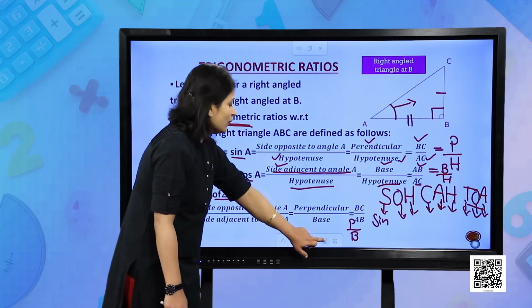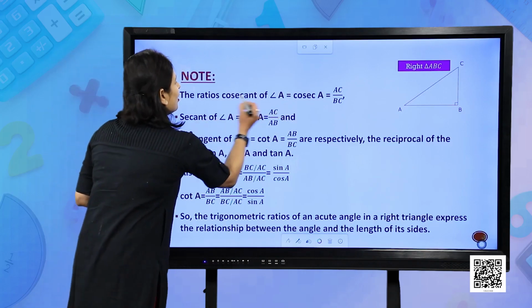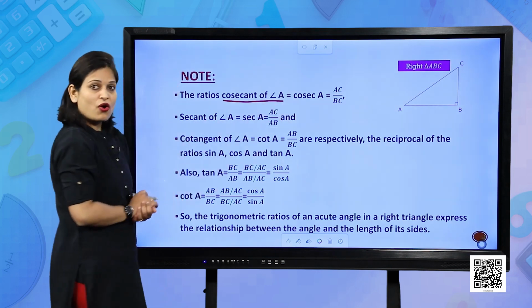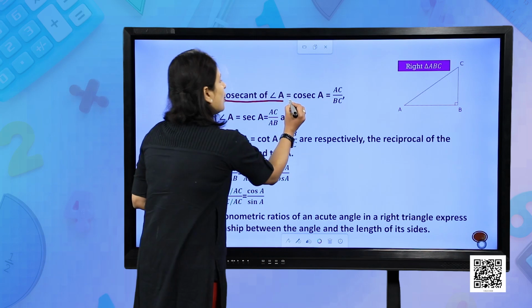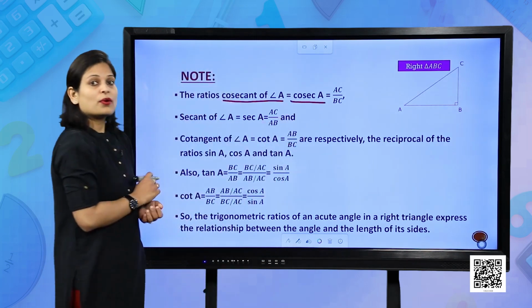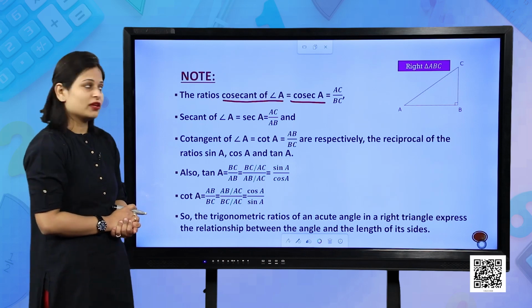Now, I will tell you about the other three trigonometric ratios, which are basically the reciprocals of the sine, cosine and tangent functions. What is cosecant of angle A called? We write it in short as cosec A, which is the reciprocal of the sine function.